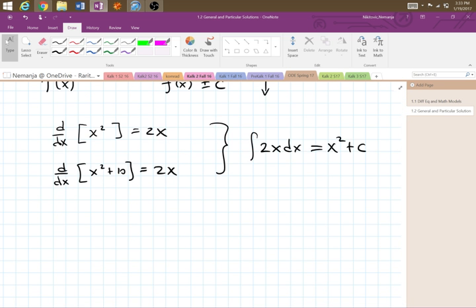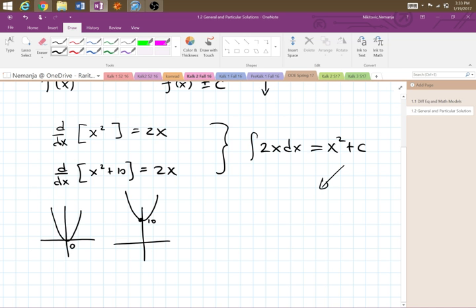So in this case, when you are thinking about the function, you have particular functions like x squared, which goes through the origin, or x squared plus 10, that goes up to 10. So these are the two functions that we have within the derivatives. On the right-hand side, we have x squared plus c.